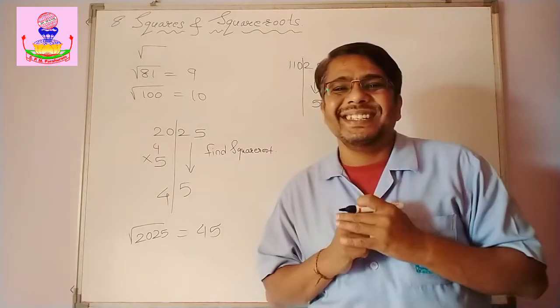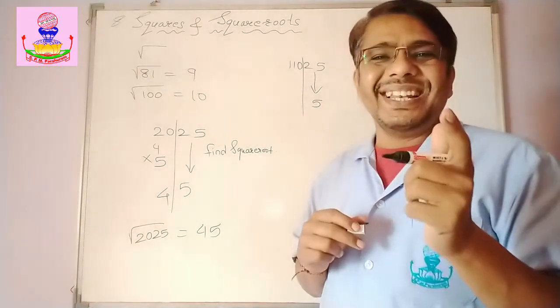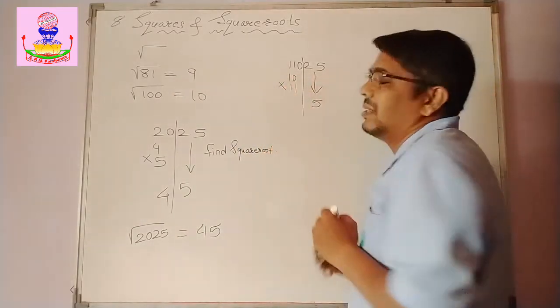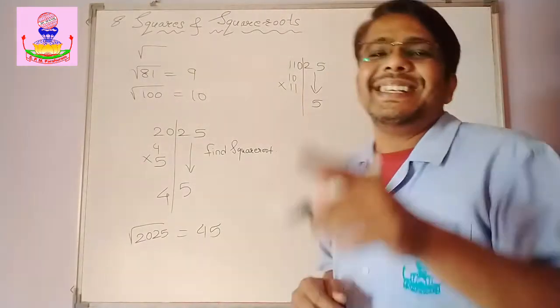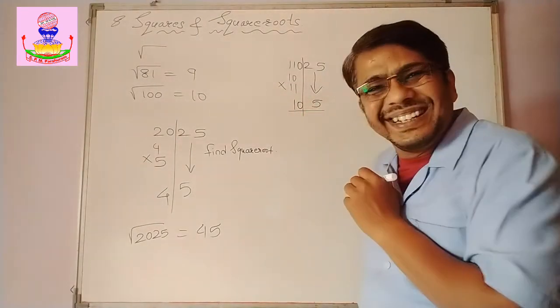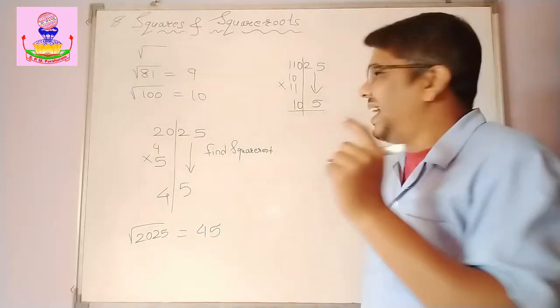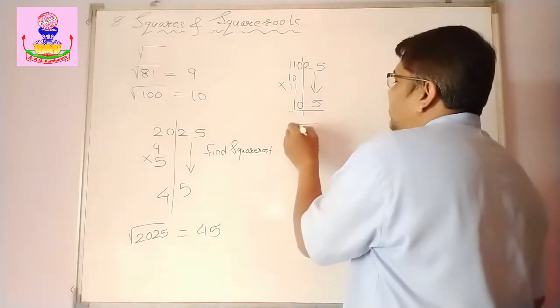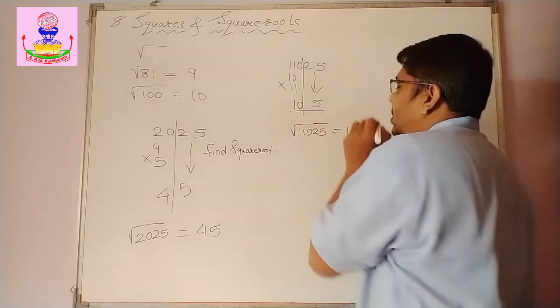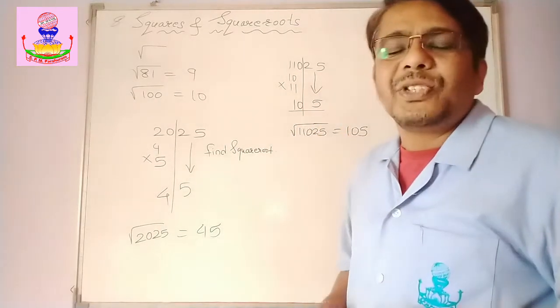Now 110, how can I express it? 10 into 11. 11 tens are 110. So 10 into 11. Which is the smallest? Yes, 10. So what is the answer? 105. So therefore the square root of 11025 is equivalent to 105.